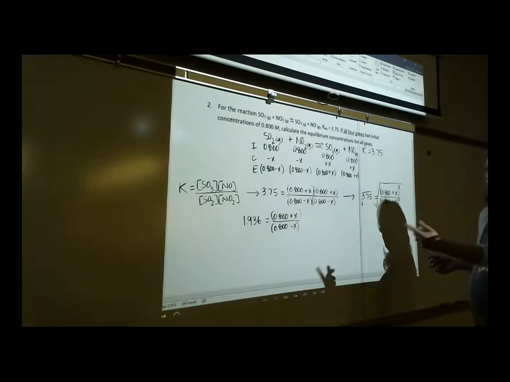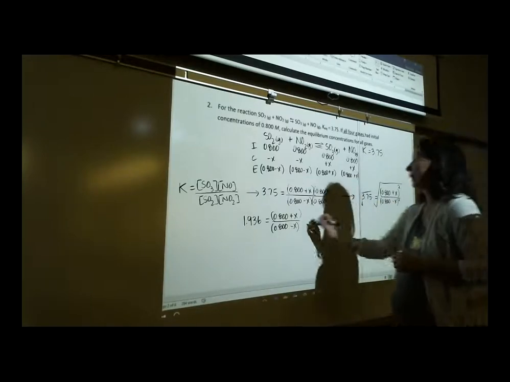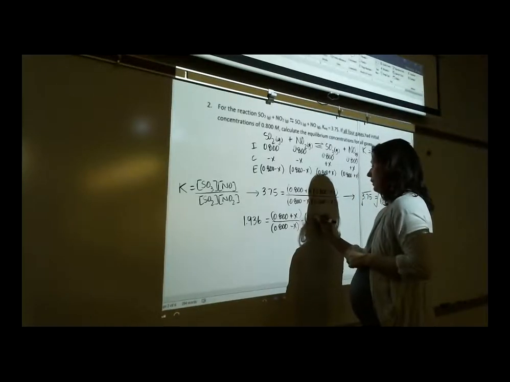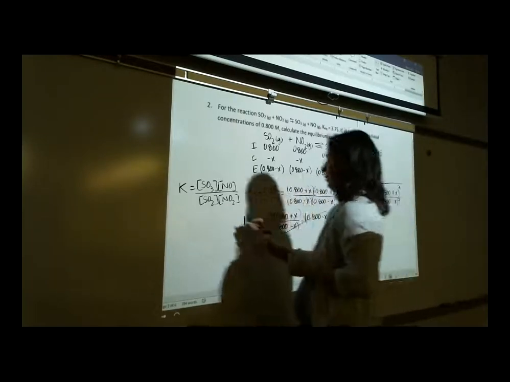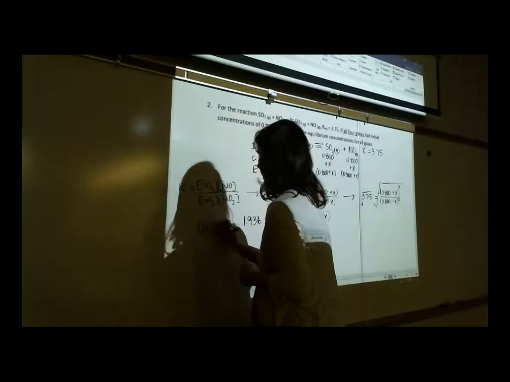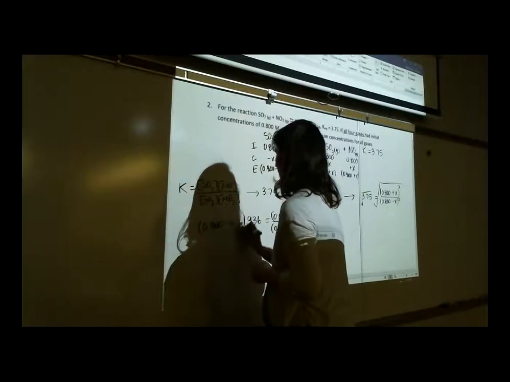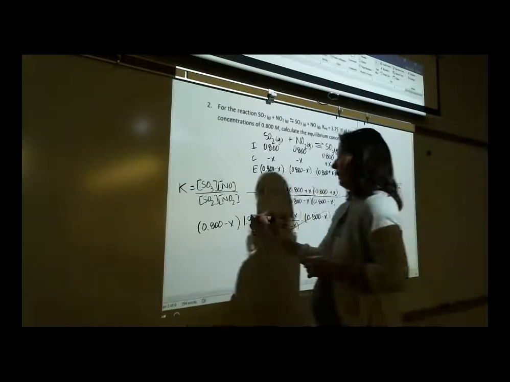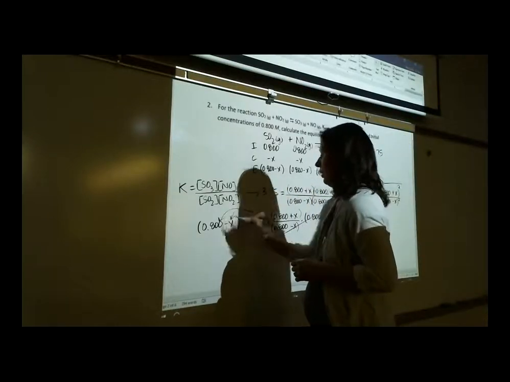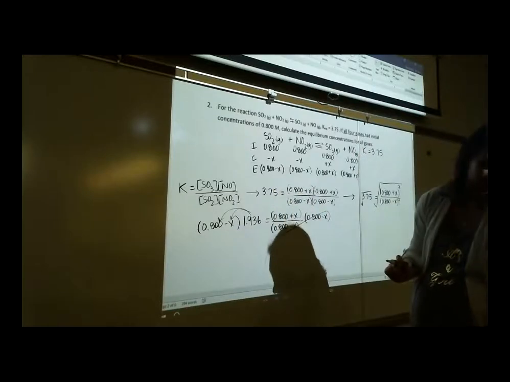Now how am I going to get X by itself? I've got to multiply both sides by 0.800 minus X quantity. That makes that go away. 0.800 minus X quantity. And now I've got to do some distribution, right? Distribute.